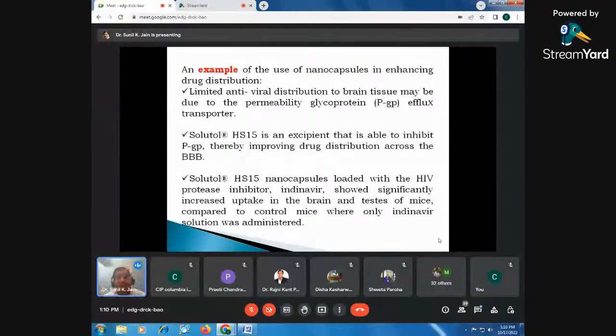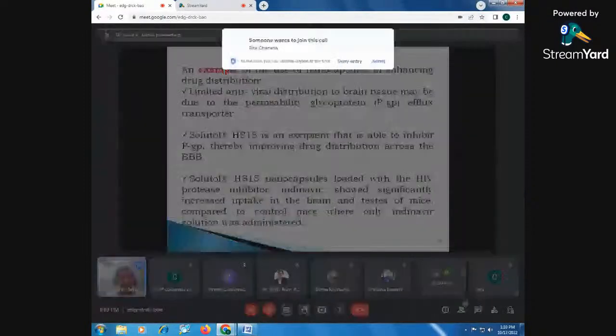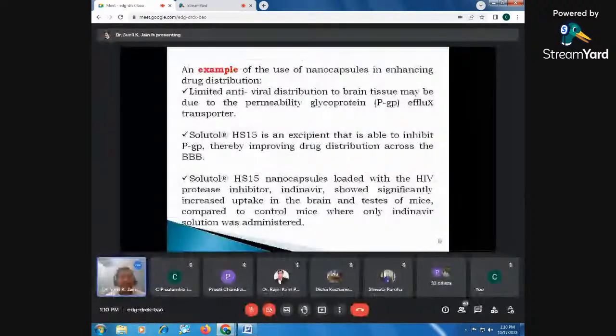This excipient was loaded with the HIV protease inhibitor indinavir, and it significantly increased uptake in the brain and testes of mice compared to control mice given only indinavir solution. So this gives better results as compared to the indinavir solution alone.